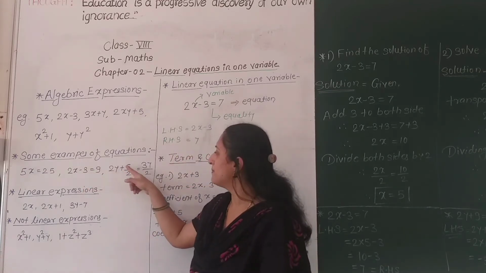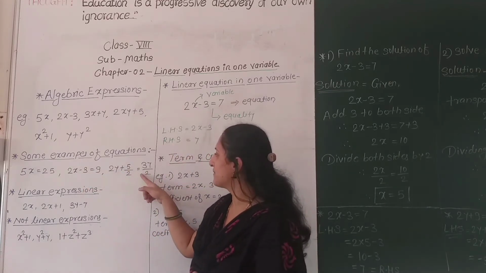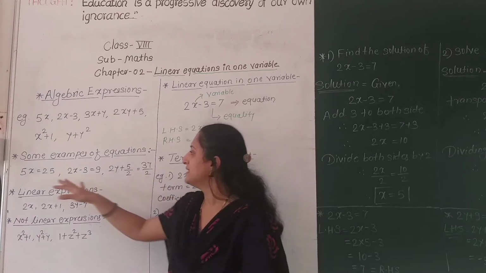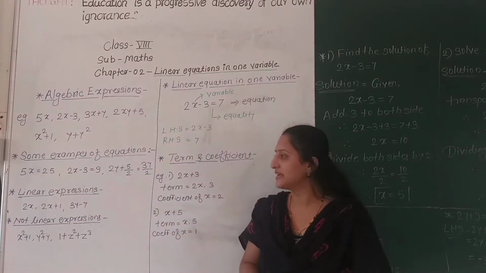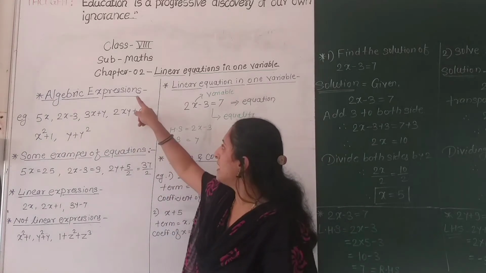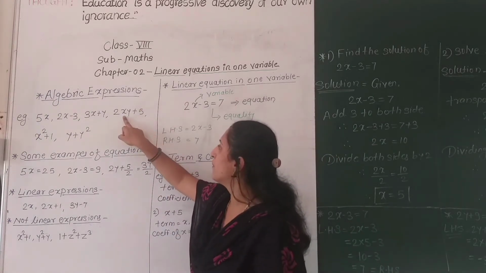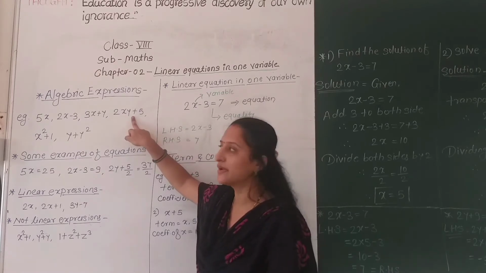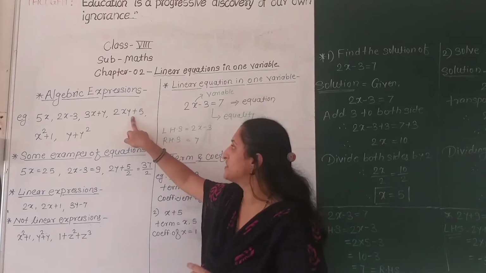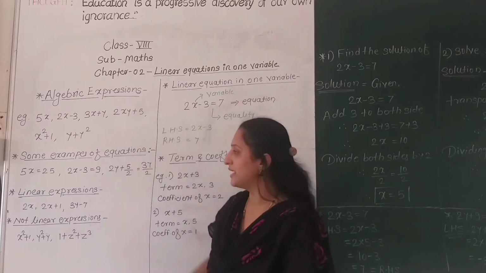2y plus 5 upon 2 is equal to 37 upon 2. These are some examples of equations. Look here: an algebraic expression contains one or more variables.